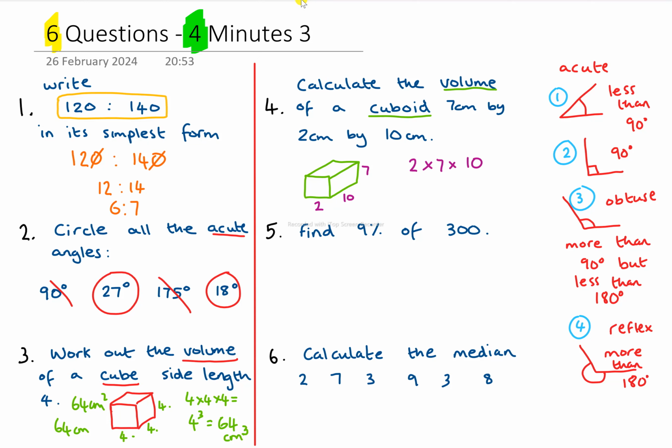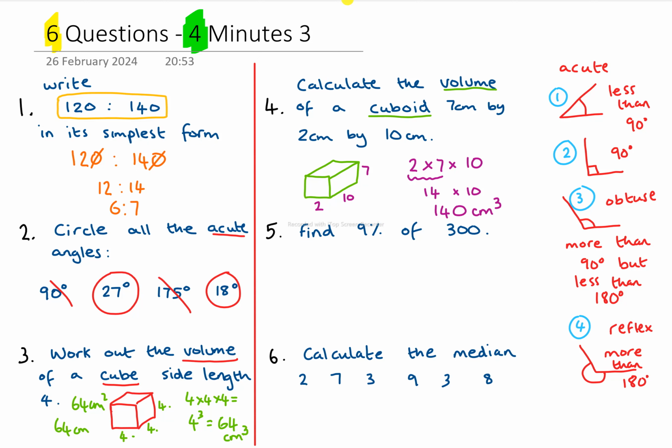Have you noticed I've done it this way? Because I know 2 times 7 is 14. And I know how to multiply a whole number by 10. I simply add a 0. So it's going to be 140. And in this case, it's centimeters cubed. Okay.